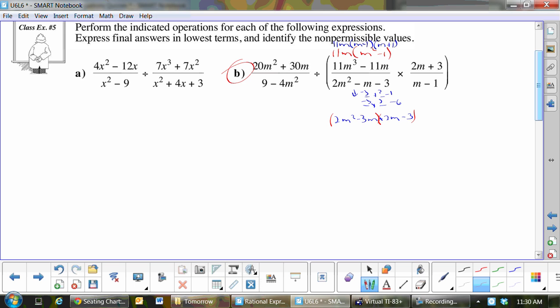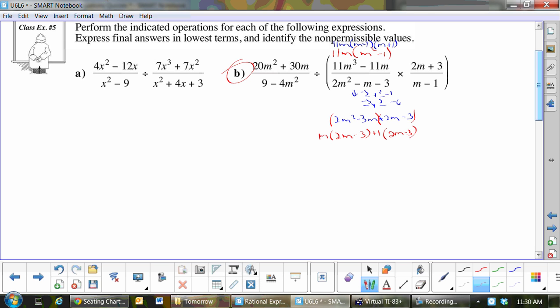I can take just an m out, leave me with 2m minus 3. The next one, I can just take out a 1, leave me with 2m minus 3.